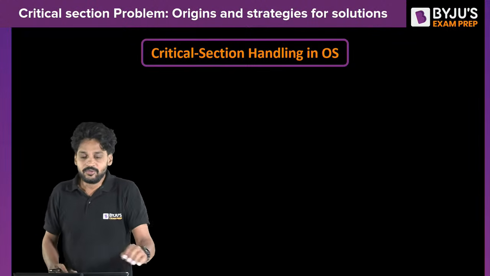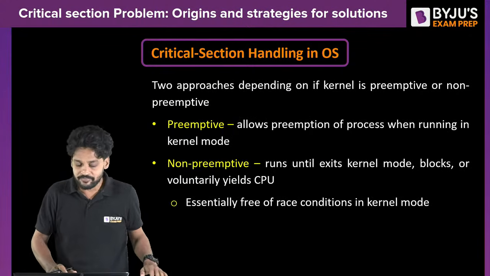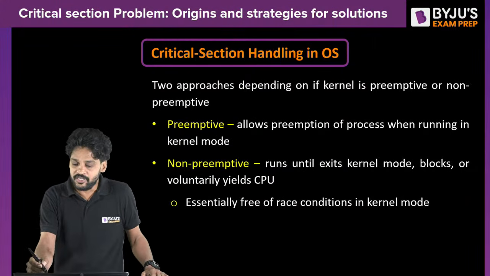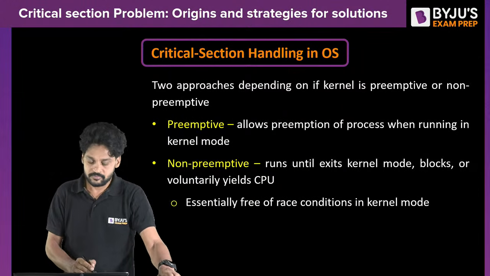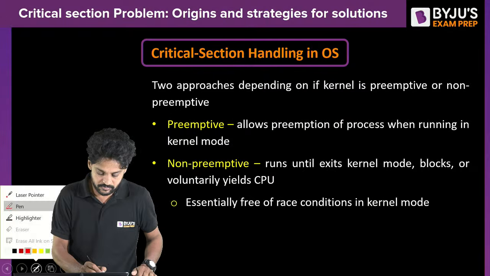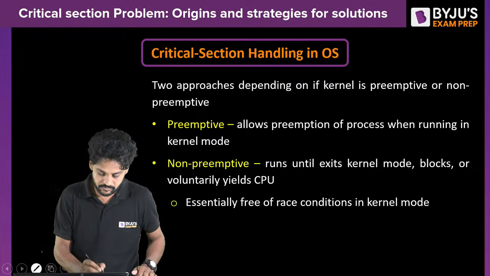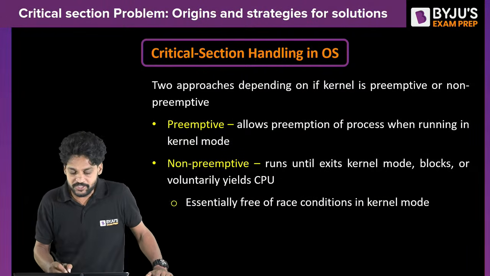Now, to start with the critical section problem, yesterday we discussed a few solutions. I just want to change the pen color. Just give me 2 minutes. Yeah, let us understand.